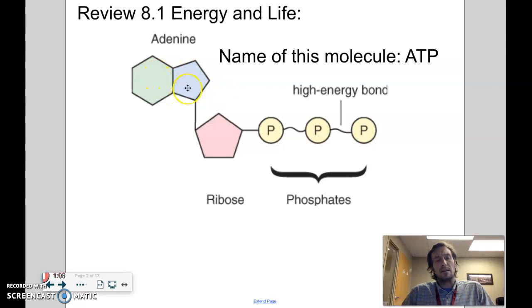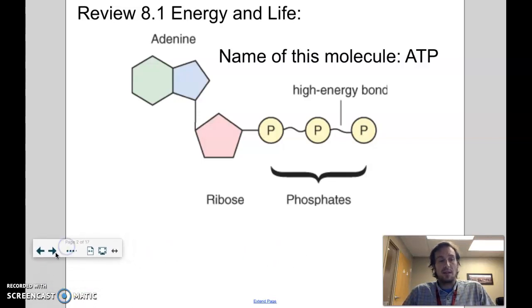It's got a nitrogen base. But ultimately, this bond right here is the one we're interested in. This bond that exists between these two phosphates is the energy that can be used by a cell. Okay, so a very important molecule in almost all cell types.